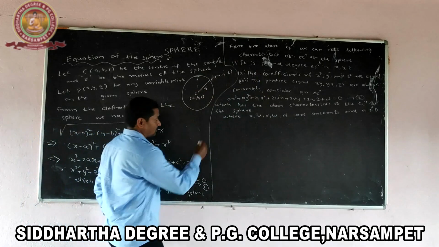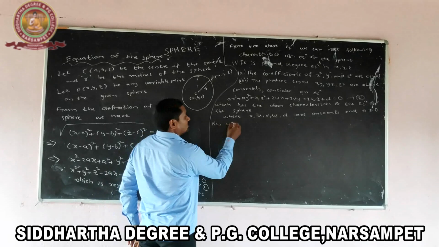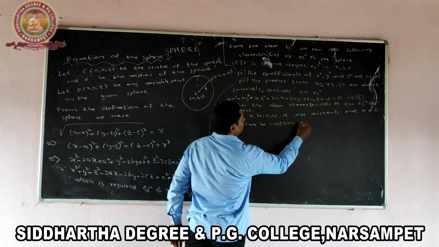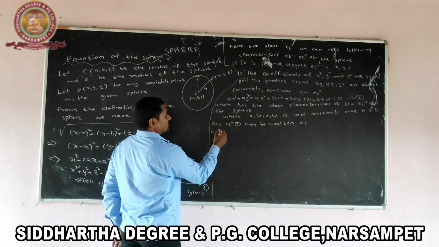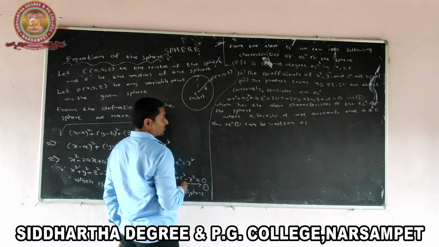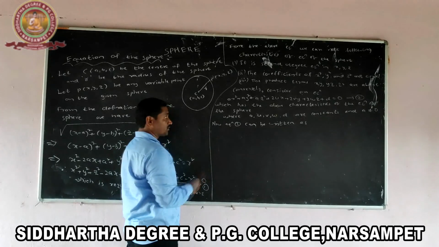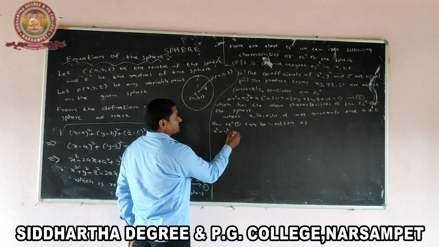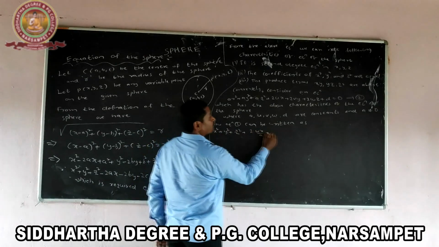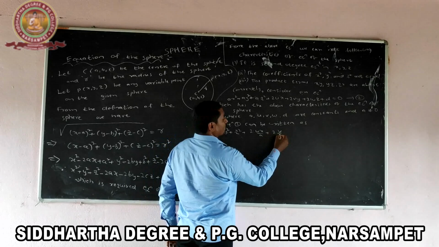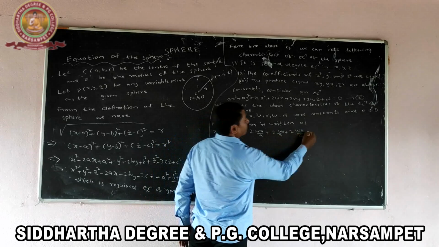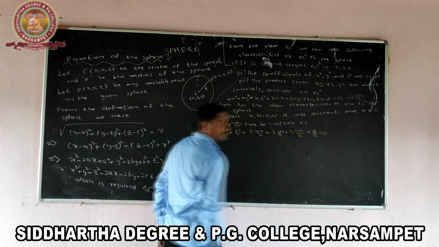From there, now equation 2 can be written as a x square plus, better, by taking a common, x square plus y square plus z square plus 2 into ux by a plus 2 into vy by a plus 2 into wz by a plus d by a equal to 0.